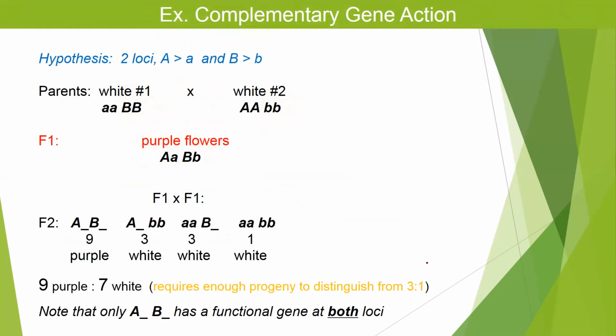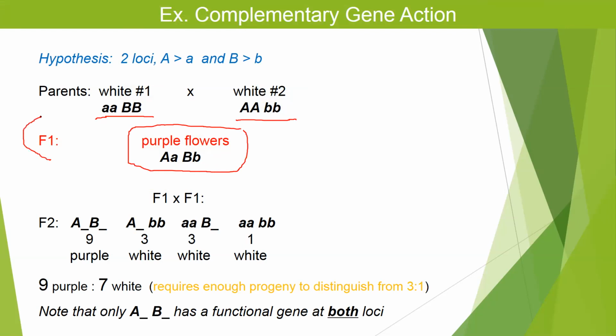All right, so now let's look at the ratios. The same model, if we cross the first mutant with this mutant and end up with the purple flower, which is the double heterozygous.